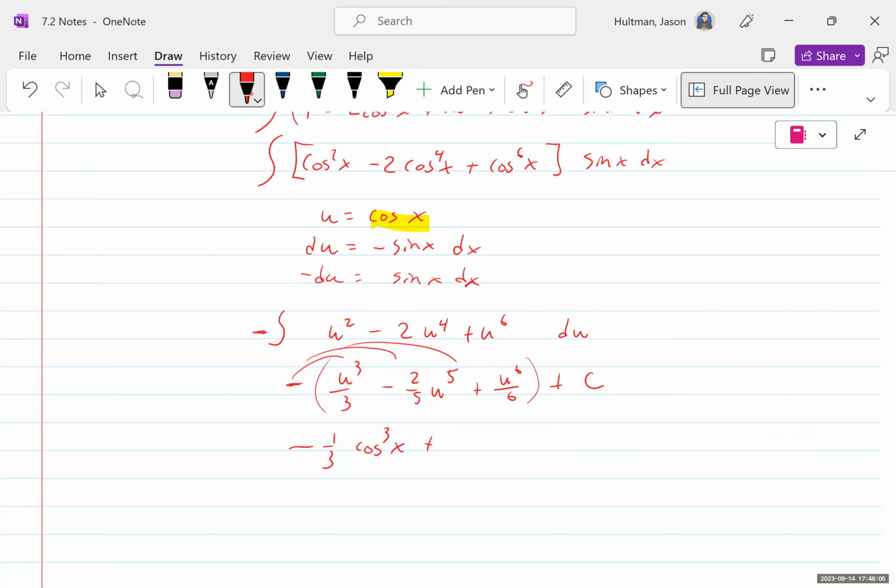Professor, isn't the last u supposed to be u to the 7th? Yes, thank you. Okay, that's going too fast, but yes, perfect, thank you. U to the 7th over 7. Okay, so this is negative 1/3 cosine cubed x plus 2/5 cosine to the 5th x minus 1/7 cosine to the 7th x plus c.